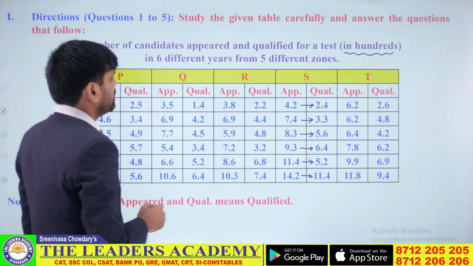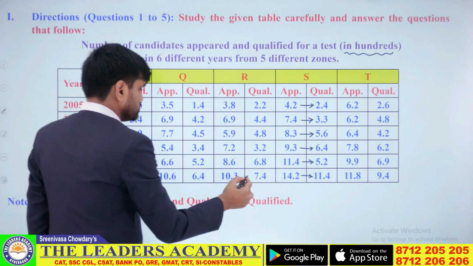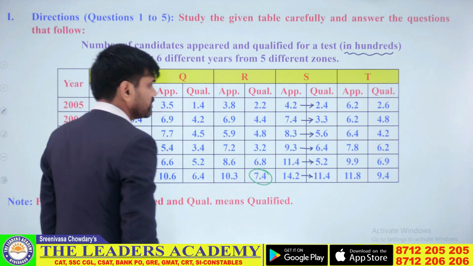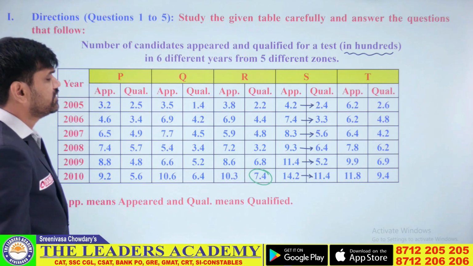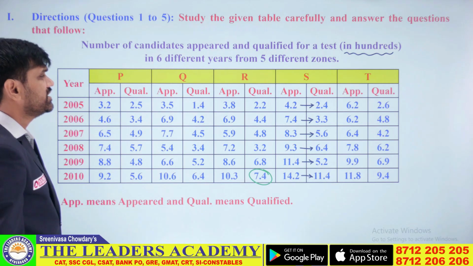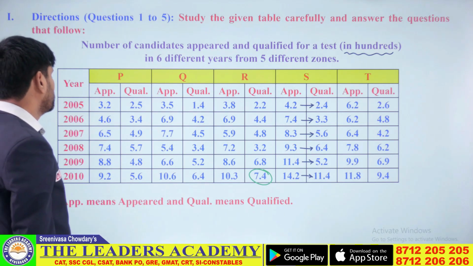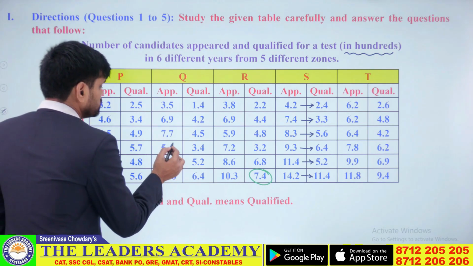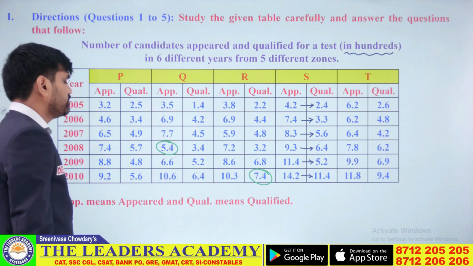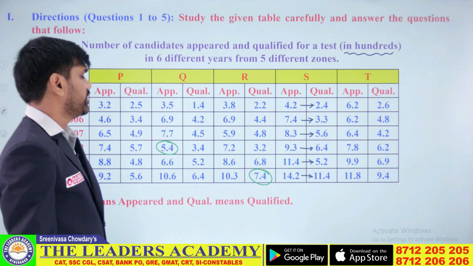Qualified from R in the year 2010 is what percentage of the appeared candidates from Q in the year 2008. So in the year 2008 appeared from Q is 5.4.